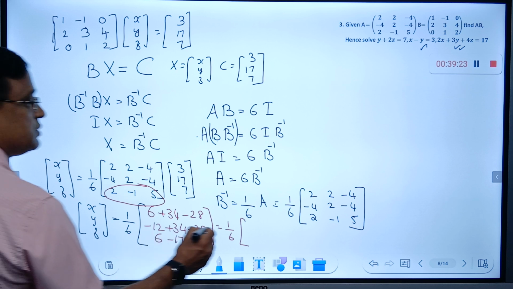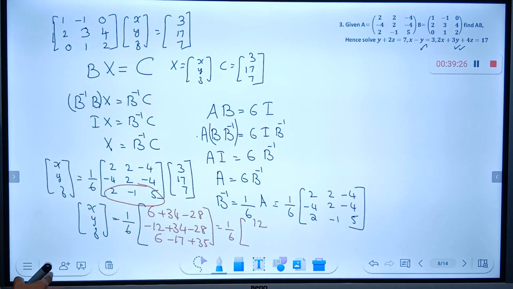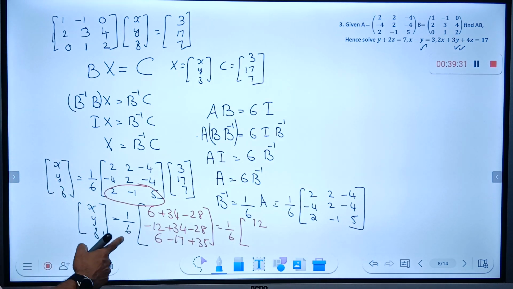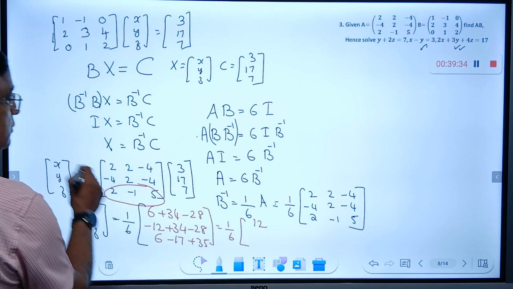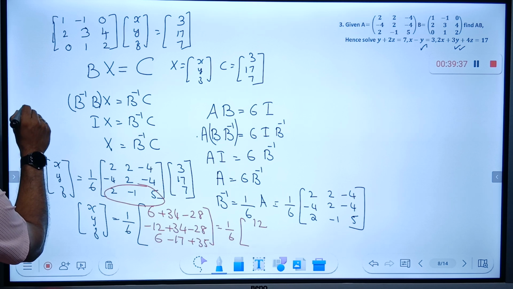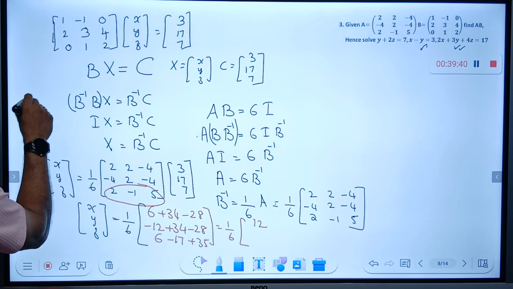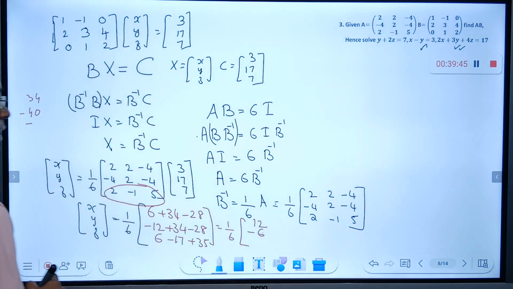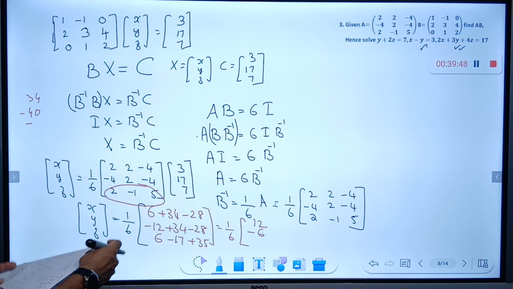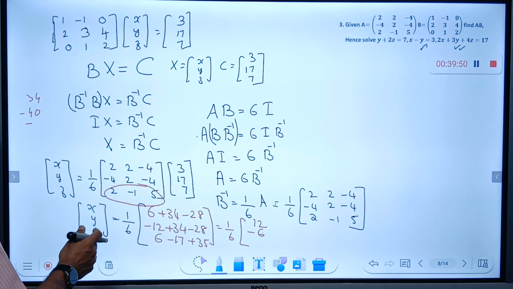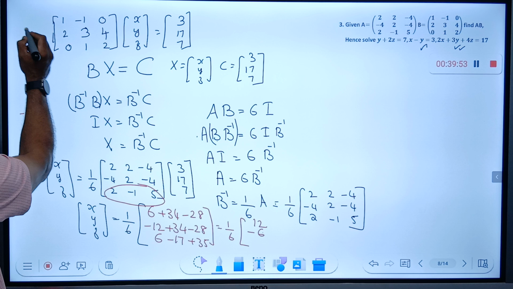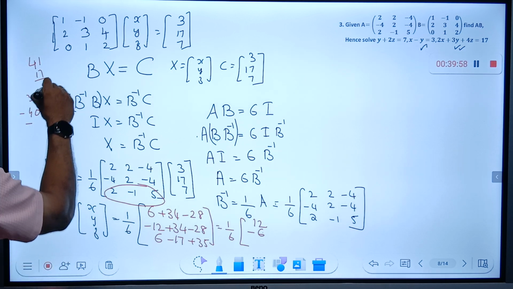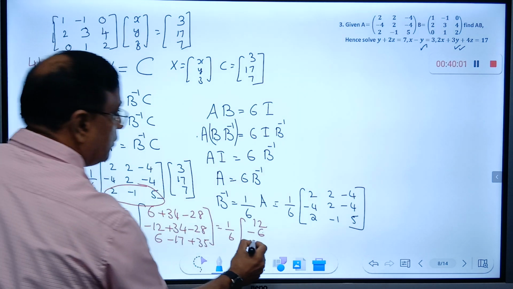This is 40. 40 minus 28 is 12. And this is minus 40. What is this? Minus 10, 40, minus 40 and 34. So it is 6 minus 6. And finally, what is the value? Final value 35. 35 means it is 41. 41 minus 17. It is 24.